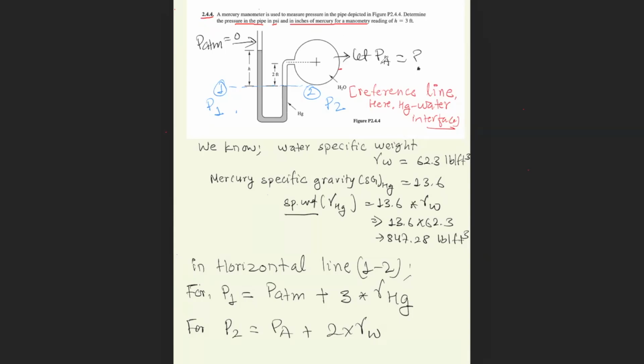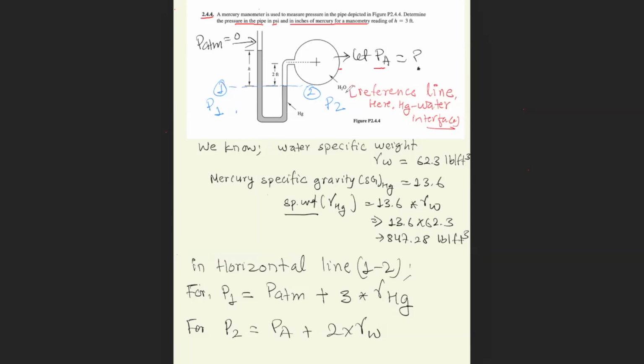So let the pressure at this point be PA, whereas above the mercury in this pipe section, we consider atmospheric pressure, which will be equal to 0.